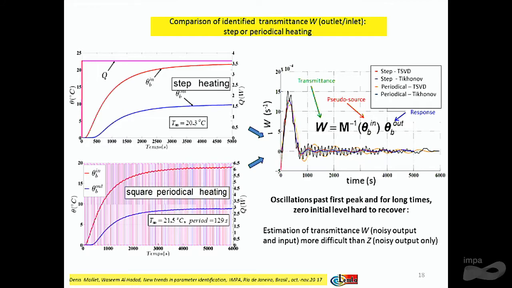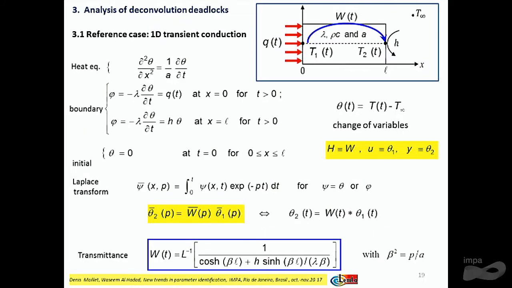So now we make a zoom on this problem of deconvolution to see the different deadlocks. We took a simpler case where it's pure diffusion between a front face and a rear face of a slab. Here you have the heat equation.